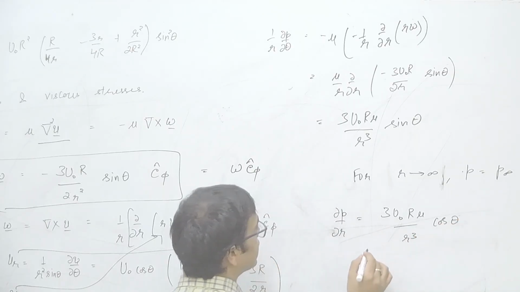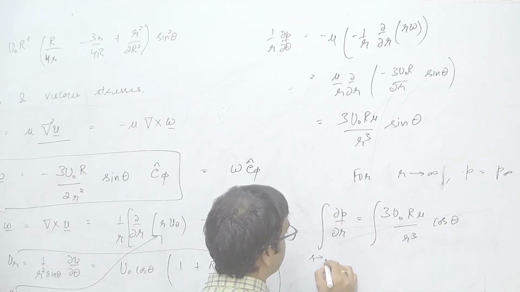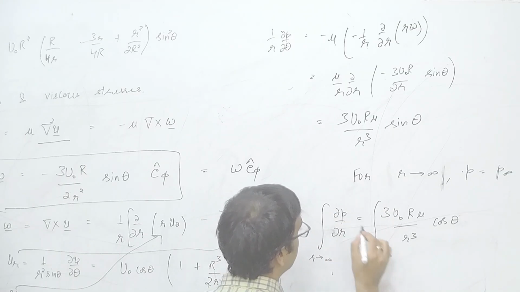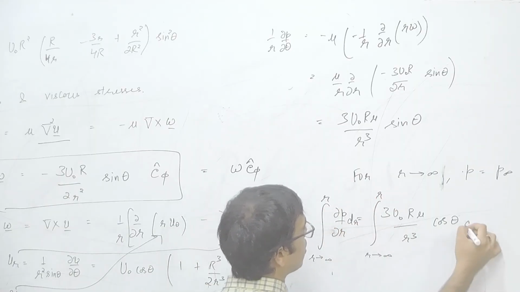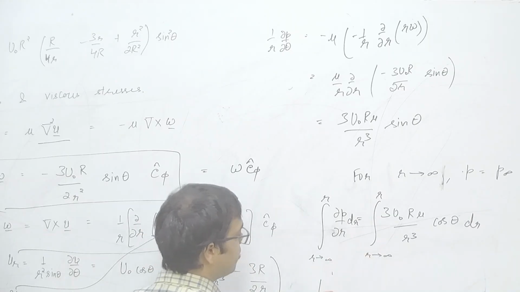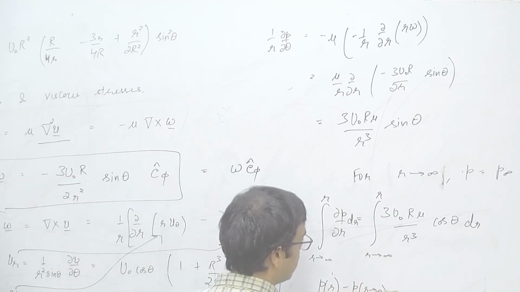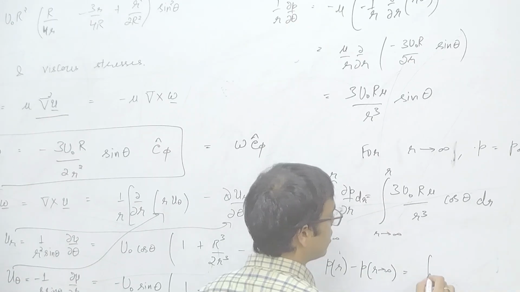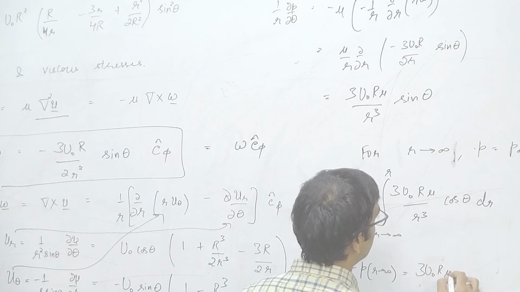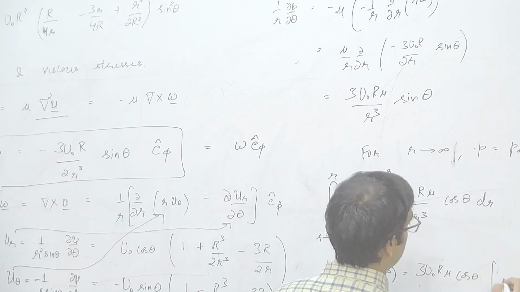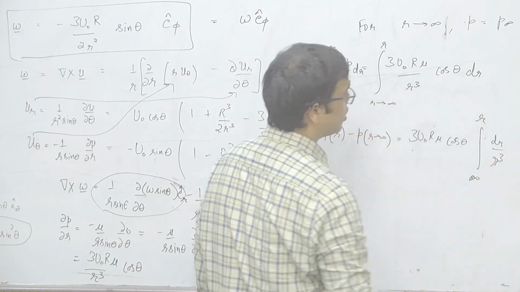So I can integrate this from r tends to infinity to some radius small r. So this will be simply P of r minus P of r tends to infinity equals 3 u naught R mu cos theta dr over r cube from infinity to r.